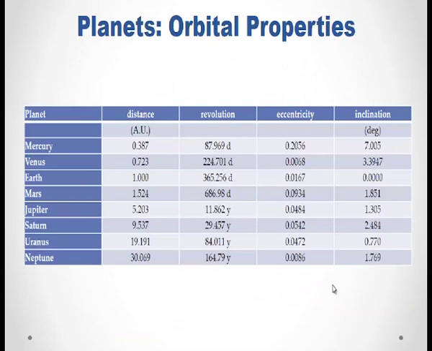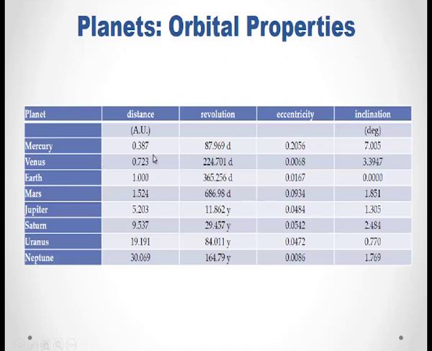Coming to the orbital properties of the planets in our solar system. All distances in astronomy are measured in astronomical units. An astronomical unit is the average distance between the Sun and the Earth.